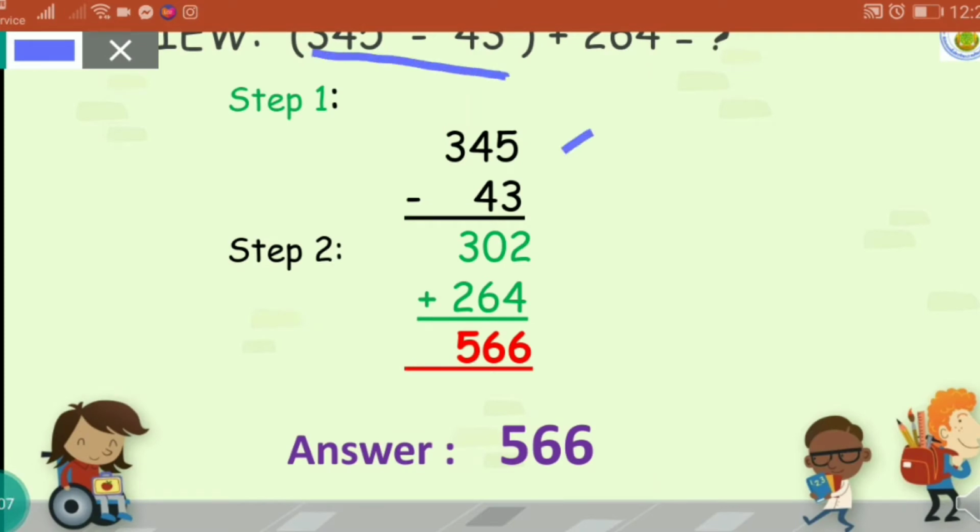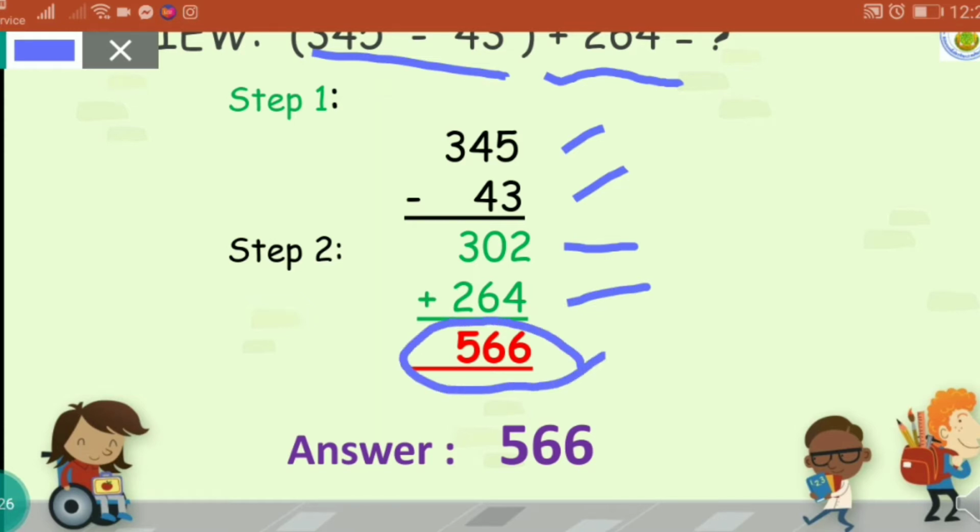So 345 minus 43 is equal to 302. And then we're going to add, it says here, plus 264. Our answer that we got is 566. So our answer here is 566.